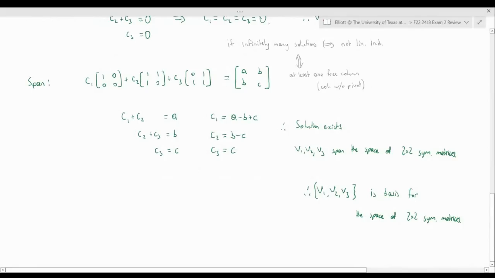So for the solution to always exist, that means that you won't have any rows of zeros when you're doing your elimination.